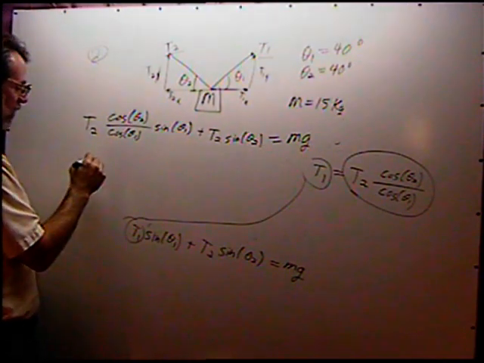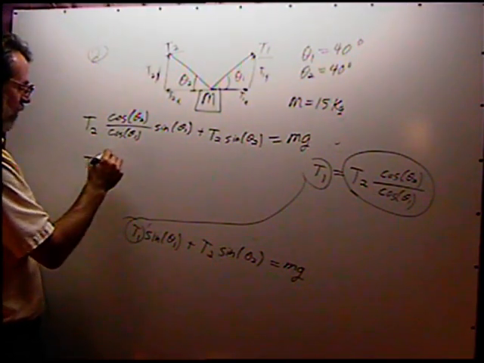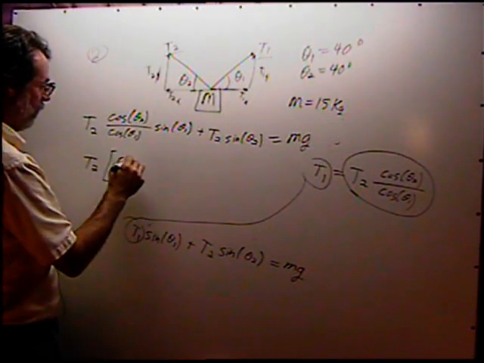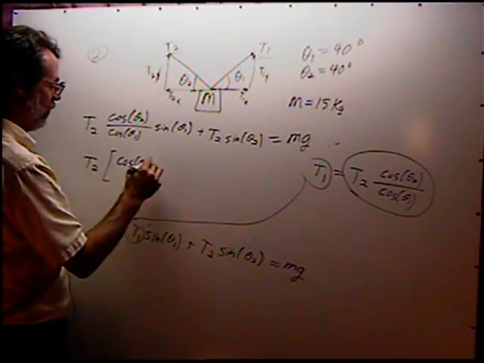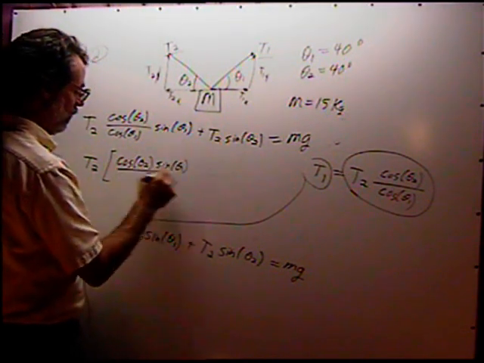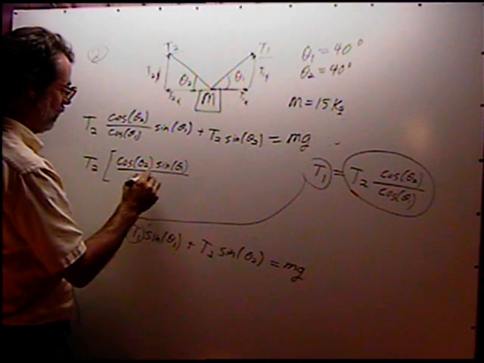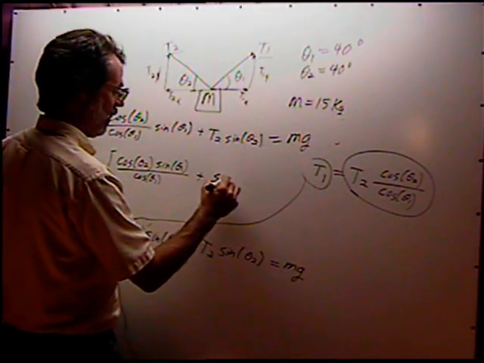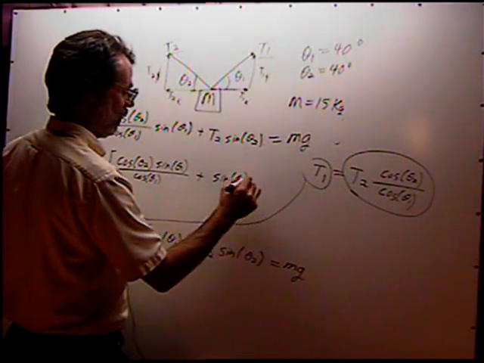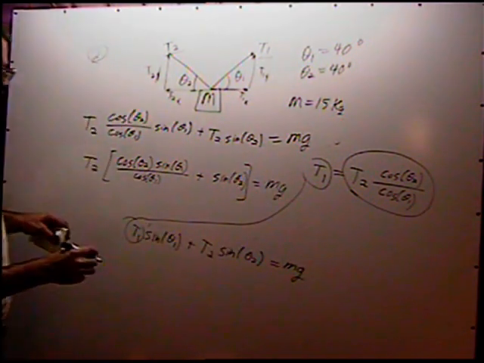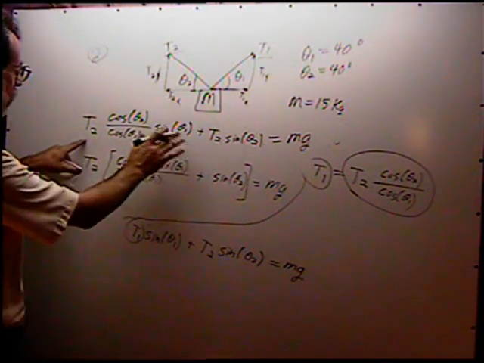Which means that T2 times the expression cosine theta 2 sine theta 1 divided by cosine of theta 1 plus sine theta 2 equals mg. So I've factored out the T2 from both terms.